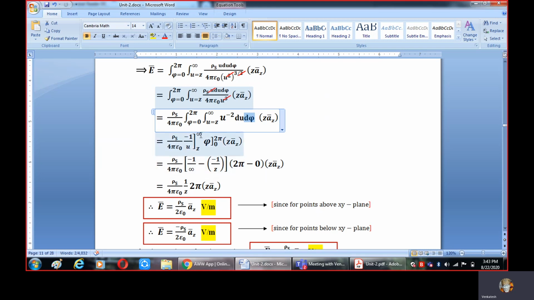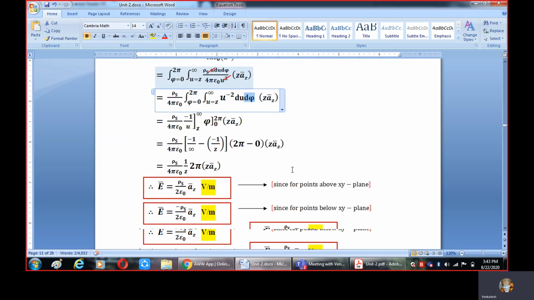Substituting the upper limit, minus 1 by infinity, minus the lower limit, minus 1 by z. And for phi, substituting the upper limit 2 pi and lower limit 0, so 2 pi minus 0, z a z bar.